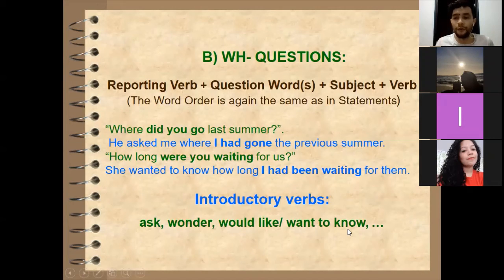Those are the 4 most common ones. But when it comes to the most popular one, the one that everyone uses, it is ask, right? Ask is the most common one. So if you want to use ask, it's okay. If you want to use the rest of them, it's also fine, it's also correct.